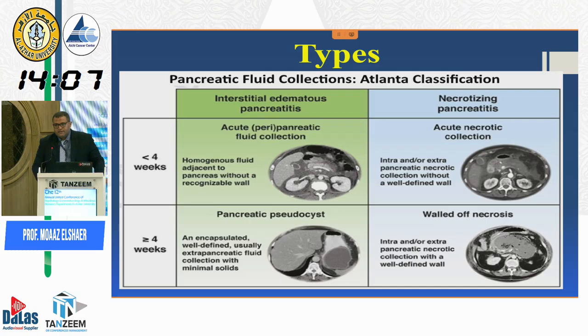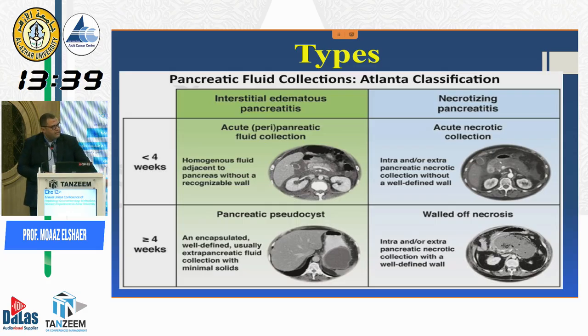To understand the difference between pseudocyst and walled-off necrotic tissue collection, we must refer to pathophysiology. Acute pancreatitis might be acute interstitial pancreatitis or necrotizing pancreatitis. Acute interstitial pancreatitis might lead to acute pancreatic fluid collection.